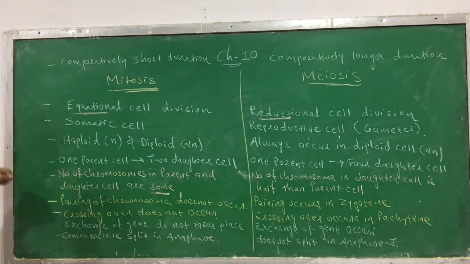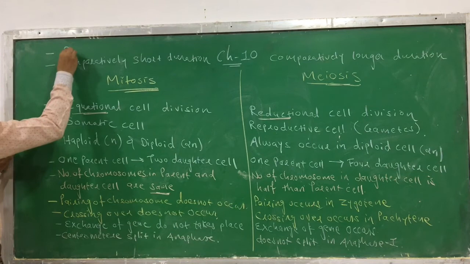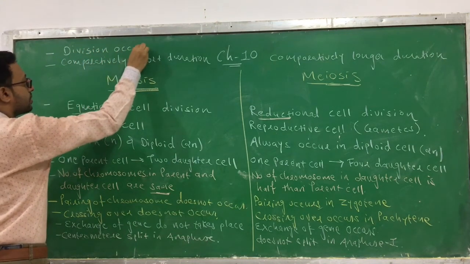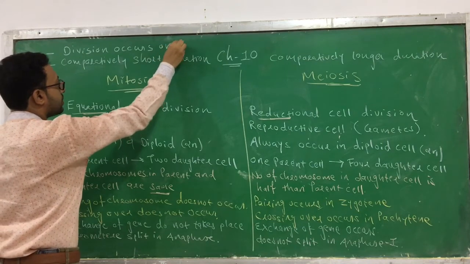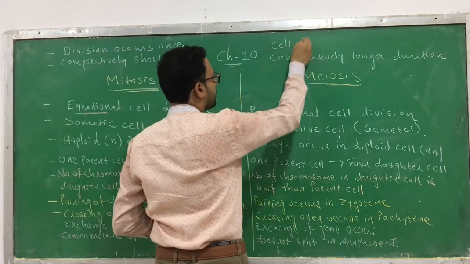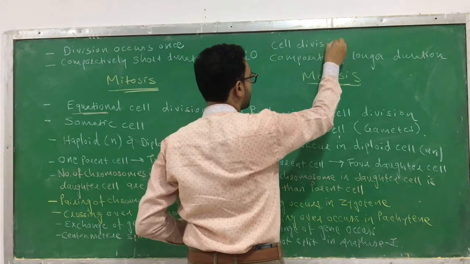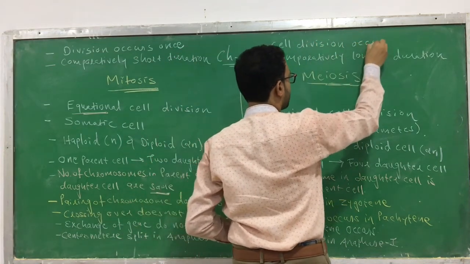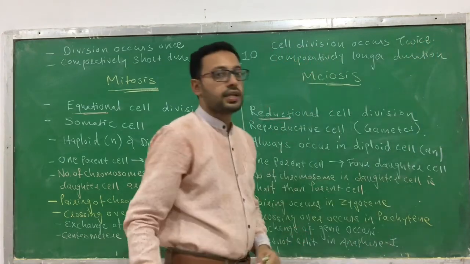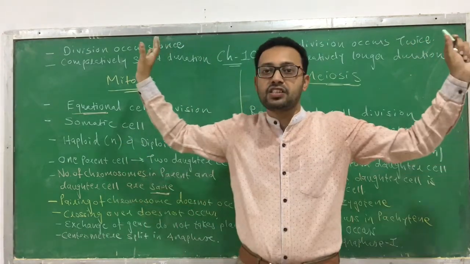The next difference which exists between them: here the cell division occurs once, but here the cell division occurs twice. 2 times the cell division takes place. In both conditions, the replication occurs once.